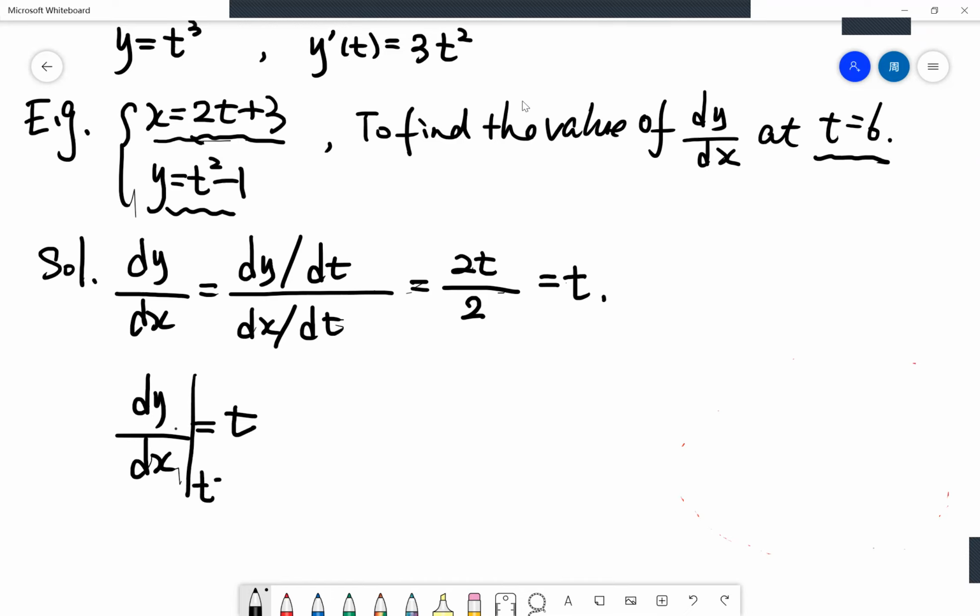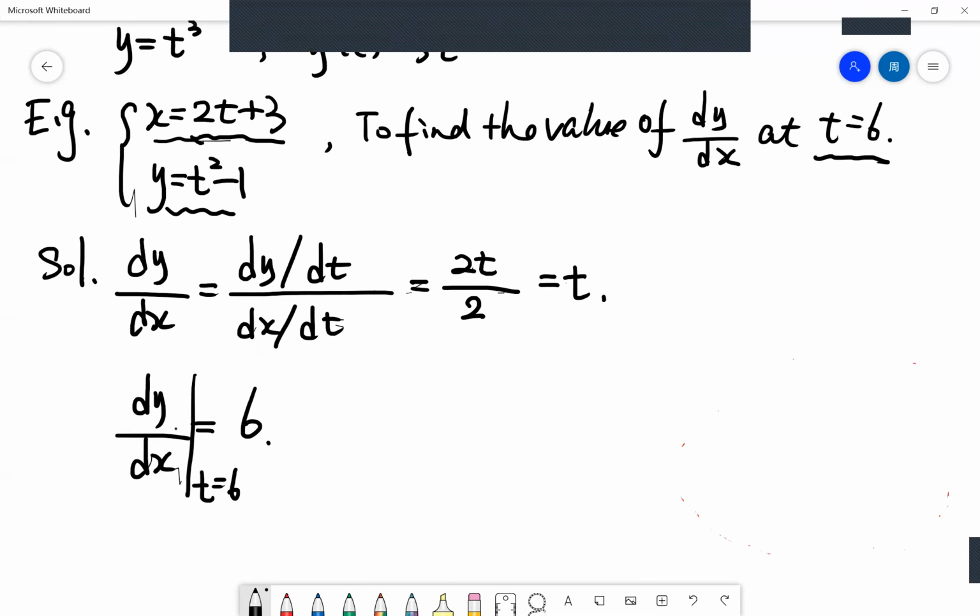If t equals 6, then the value here is 6. So this is the result of this example. Any questions?